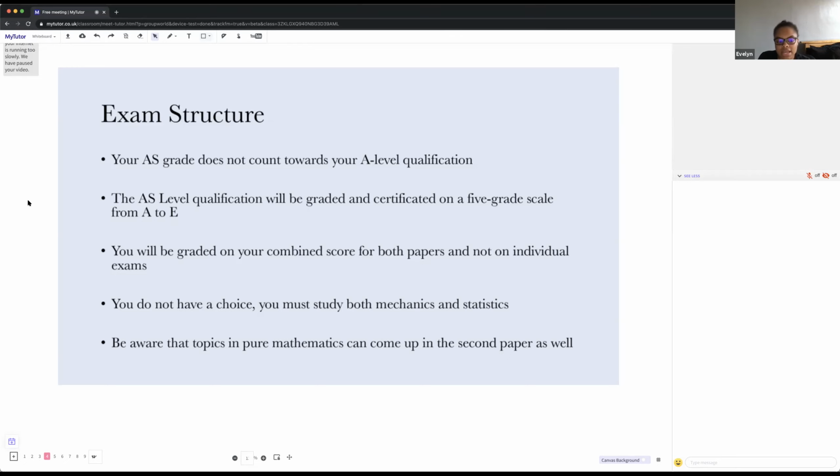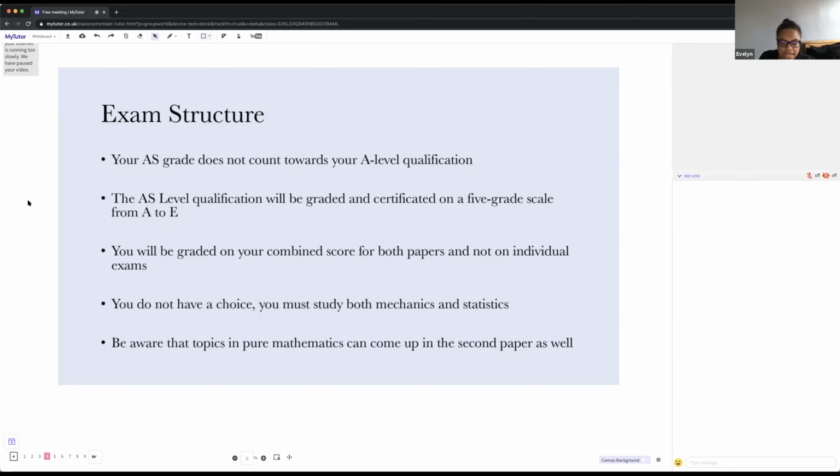the previous A levels. But one thing which I would like to point out as well when it comes to your AS exams is that regardless of whichever specification you take, whether it's AQA where you have a mix of pure maths in both papers, or Edexcel where you only have pure maths in the first paper, pure mathematics in general can come up in any paper regardless.